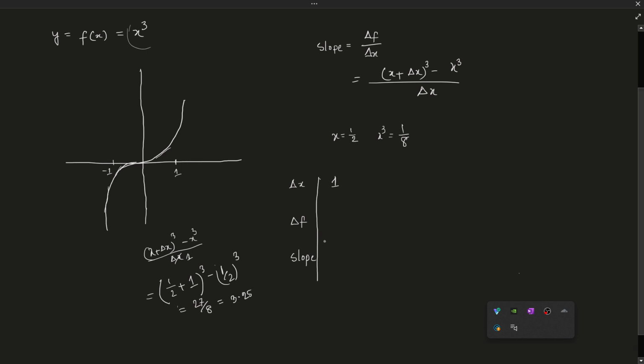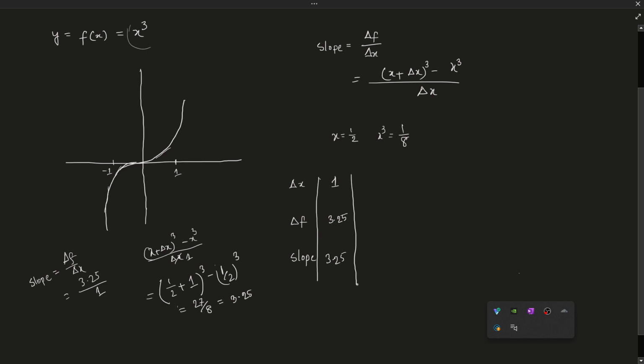So del f will be 3.25, and the slope is del f by del x, which is 3.25 by 1, so basically 3.25.